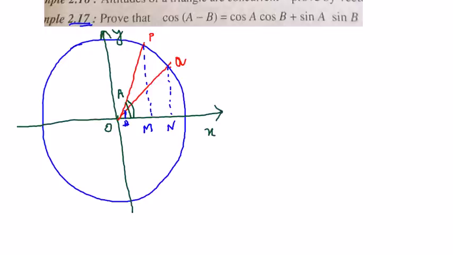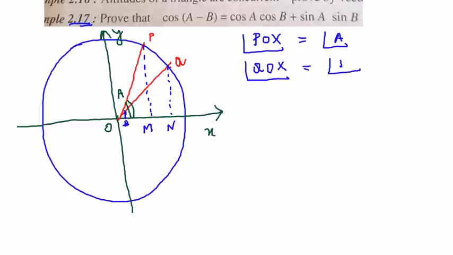So angle POX is equal to angle A, and angle QOX is equal to angle B. Suppose I want to find this angle, the one I am marking in yellow, which is angle POQ.